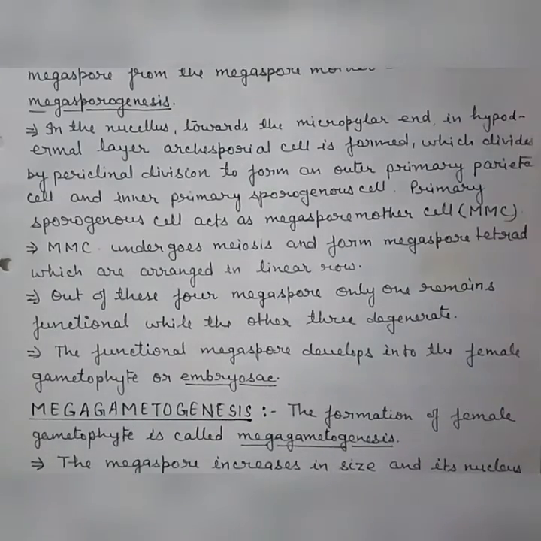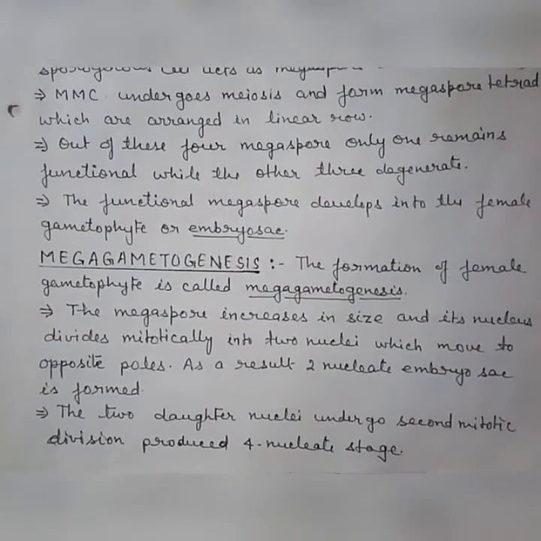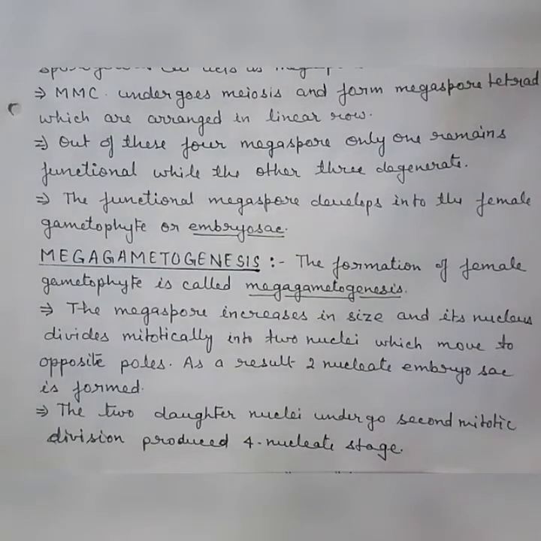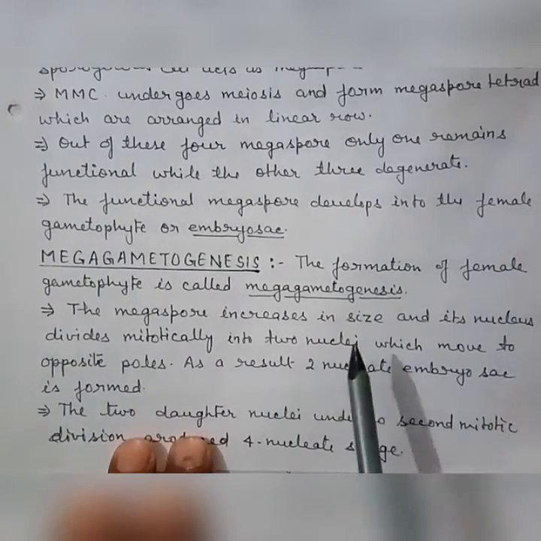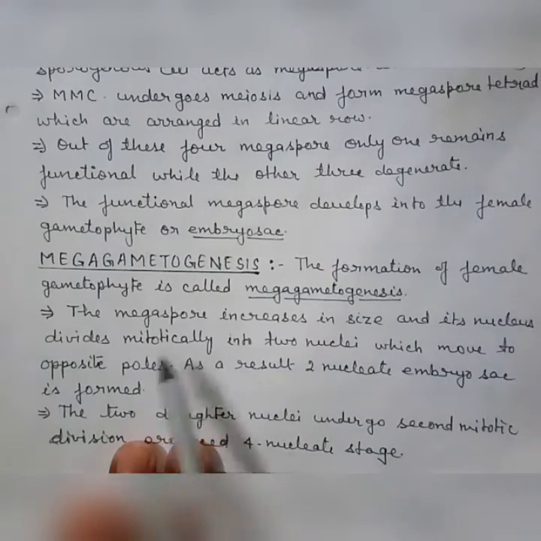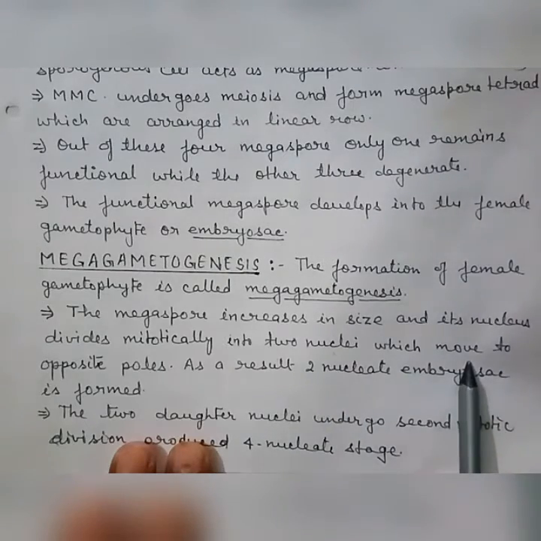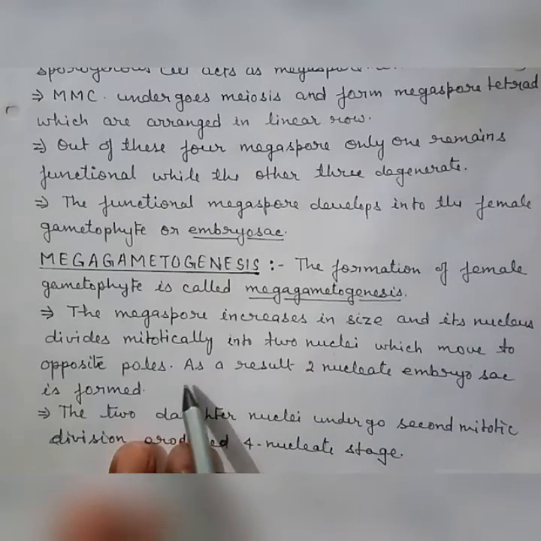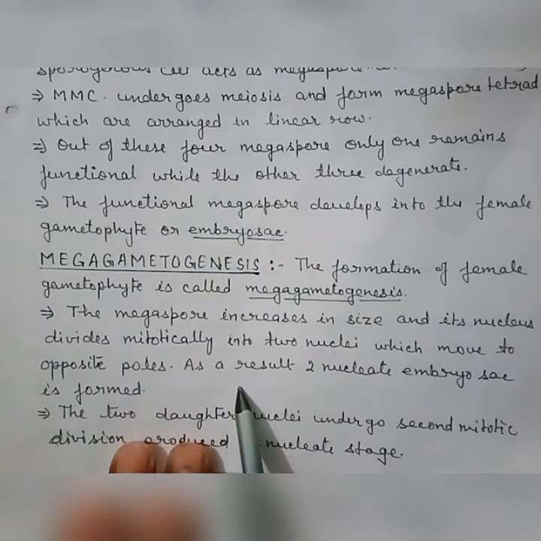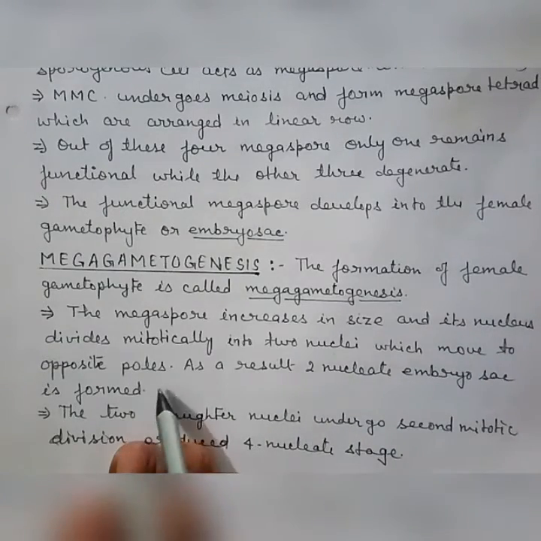In this process, the functional megaspore increases in size and its nucleus divides mitotically into two nuclei, which move to opposite poles. As a result, a binucleate embryo sac is formed.